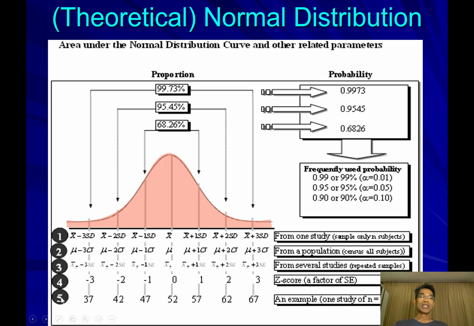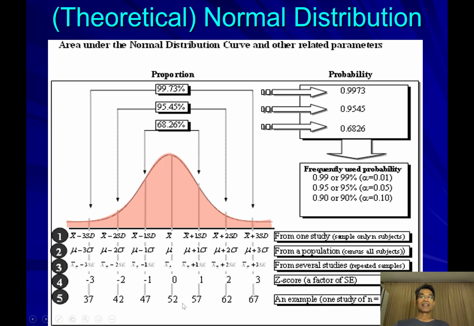Now, I put the number 5 for the example that I will show you in the next slide. Okay. If we draw a sample with n of 25, of course, it's just like row number 1 because this is raw data. It will not follow like that. So for example, if I put here 52, that means the mean is 52. If I put here 57, that means the standard deviation is what? 5, right?